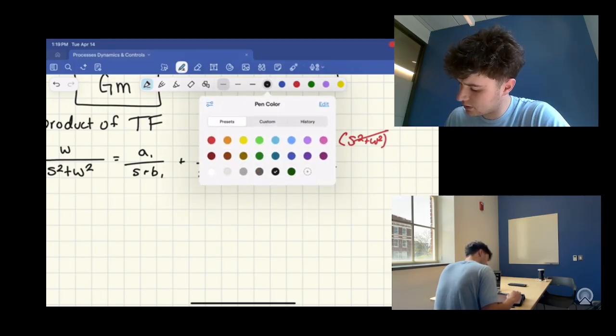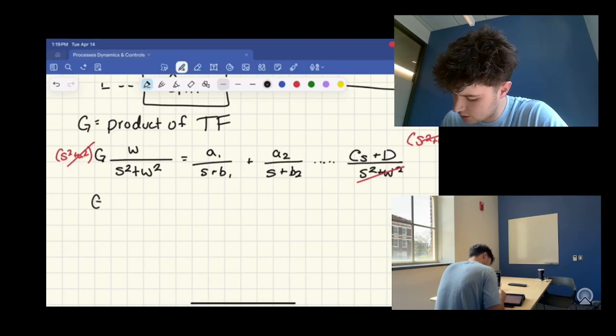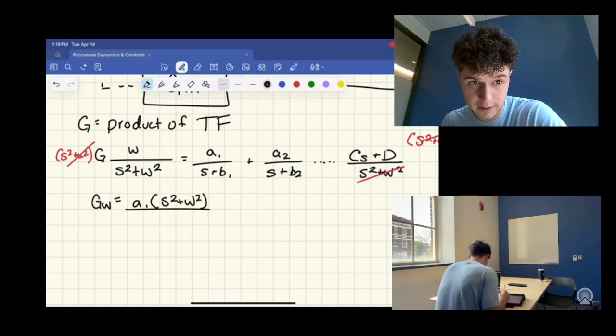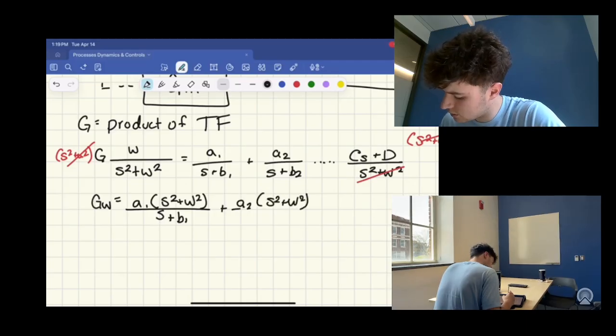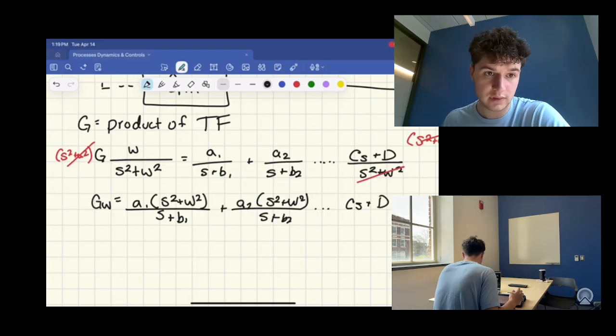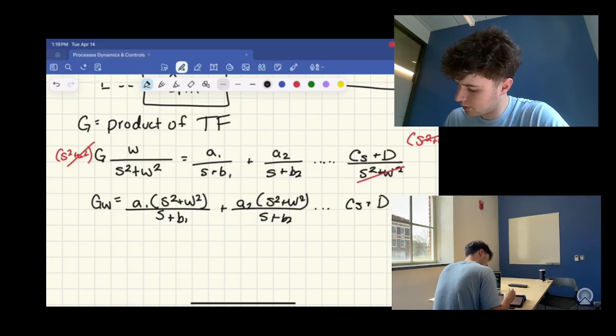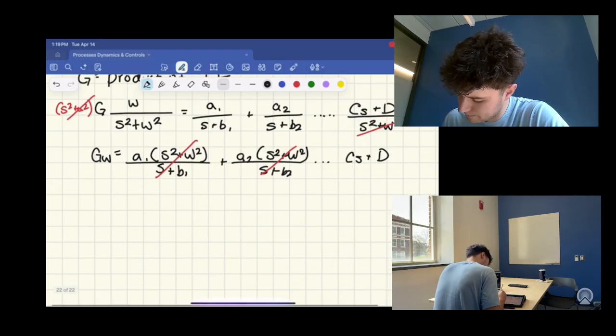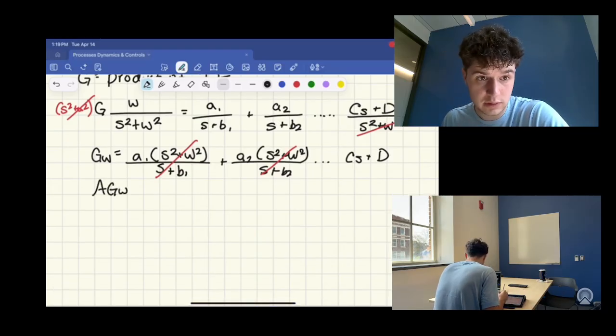And you now have a new equation of Gω equals A1 times s squared plus ω squared over s plus B1 plus A2 multiplied by s squared plus ω squared over s plus B2 plus Cs plus D. And now again, you can cancel out both of these terms and you get the equation Aω G equals Cjω plus D.